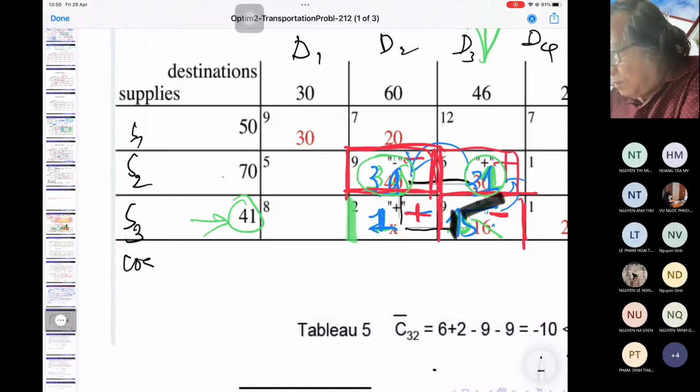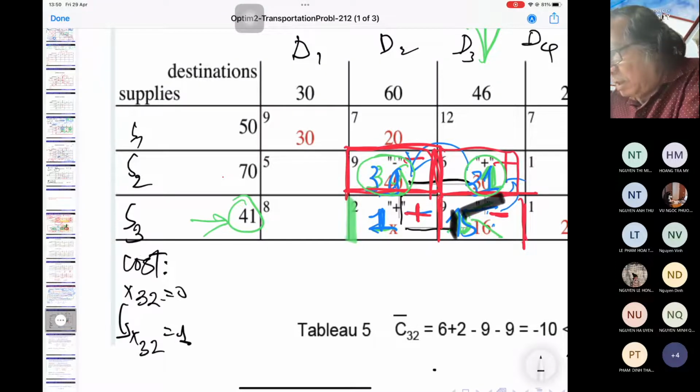The cost changing. At the beginning, x32 is 0, and now x32 becomes 1, then the cost is increasing plus what? The cost is increasing how many units? 2. Okay, plus 2.